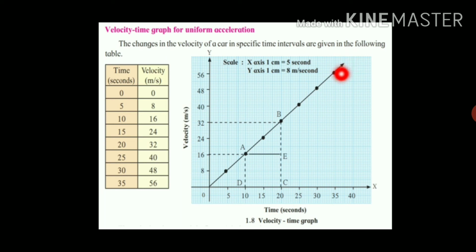Thus, the car has uniform acceleration because the change in velocity is uniform, equal in equal time intervals, and this straight line shows that the car possesses uniform acceleration. I hope you understood all these graphs, and try to plot them in your notebook.